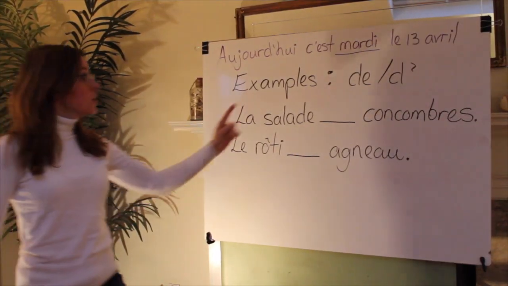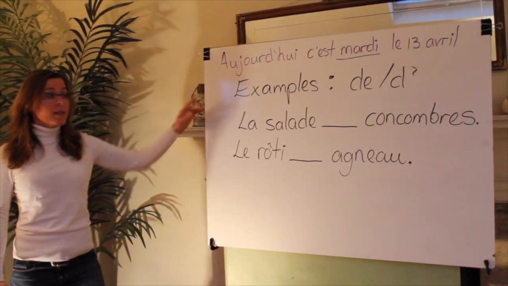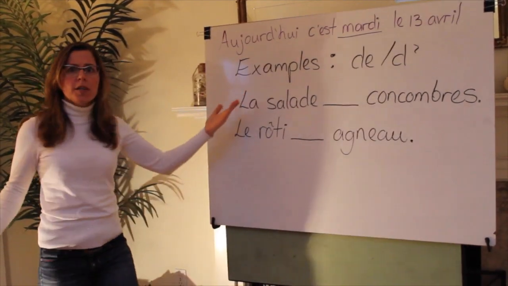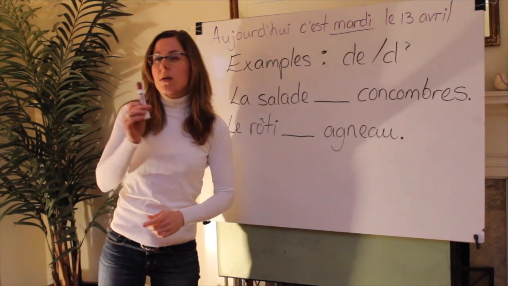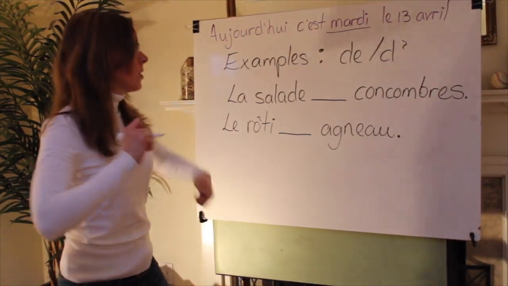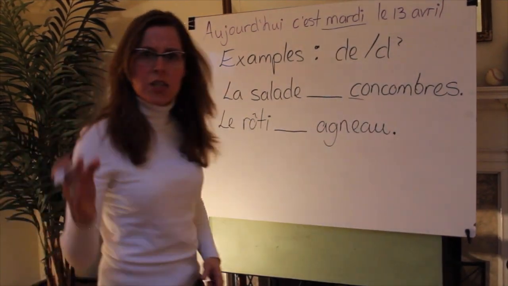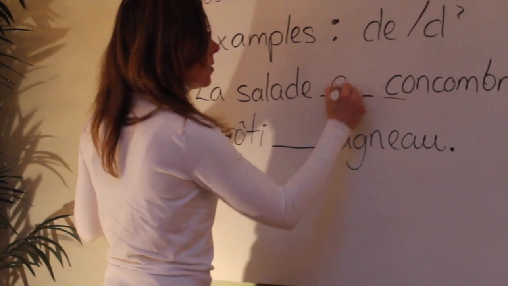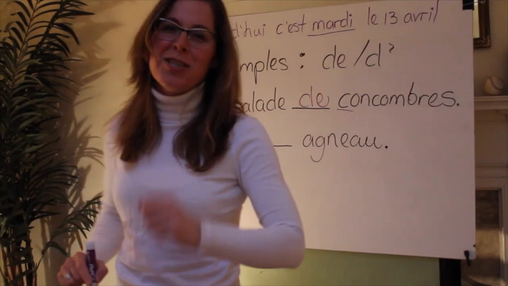Now examples to use de and d'. Example 1. La salade, concombre. What do you think it's gonna be? De or d'? Yes, that's right. Concombre starts with a C. Is it a vowel or a consonant? It is a consonant. Yes! So, de. Very smart. Vous êtes intelligents.